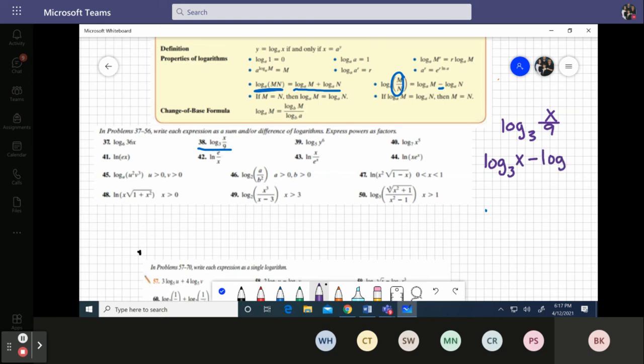Minus, so far. What can I do with that 9? Three to the second power, which means that this whole part right here is just a 2.